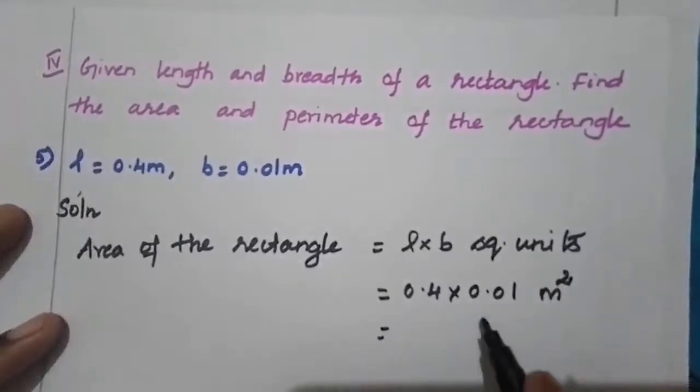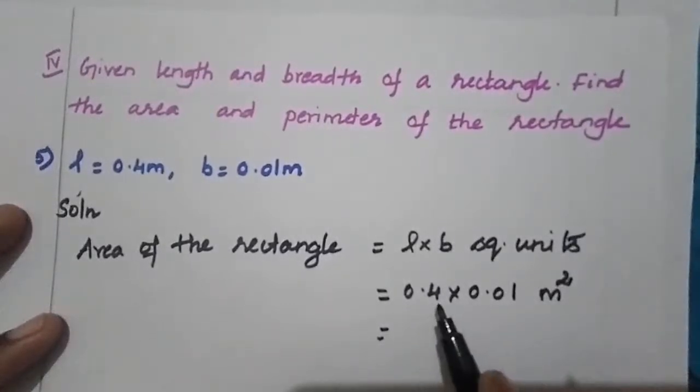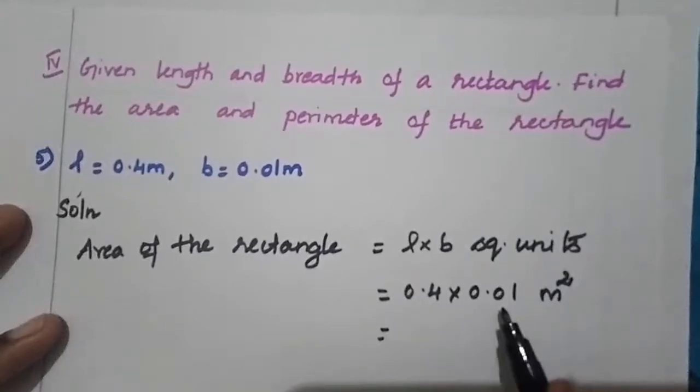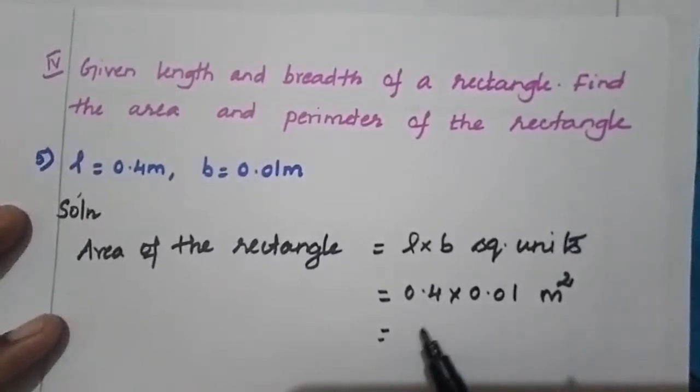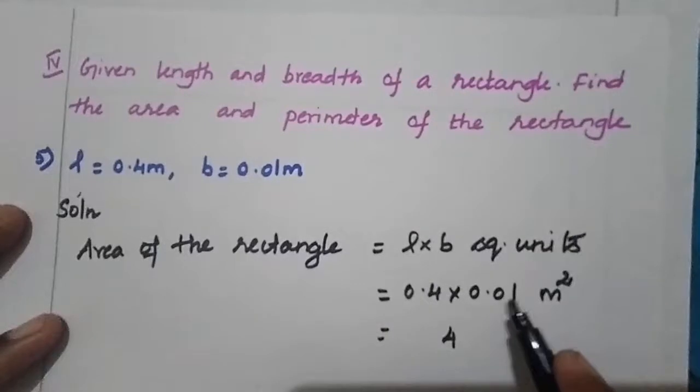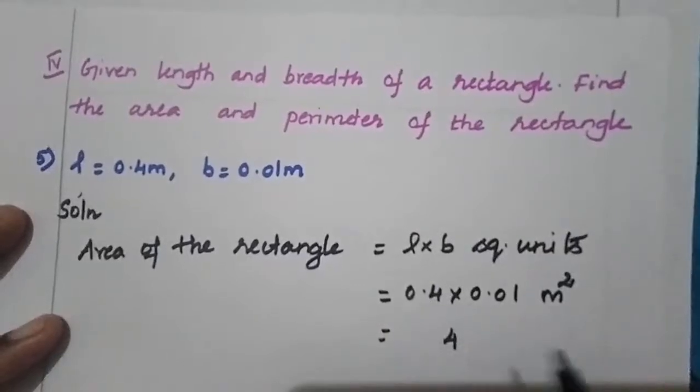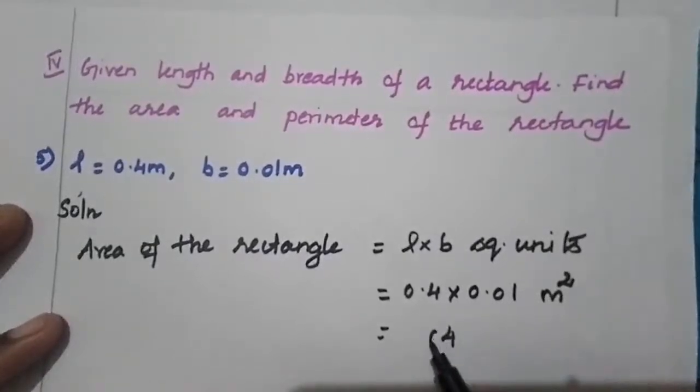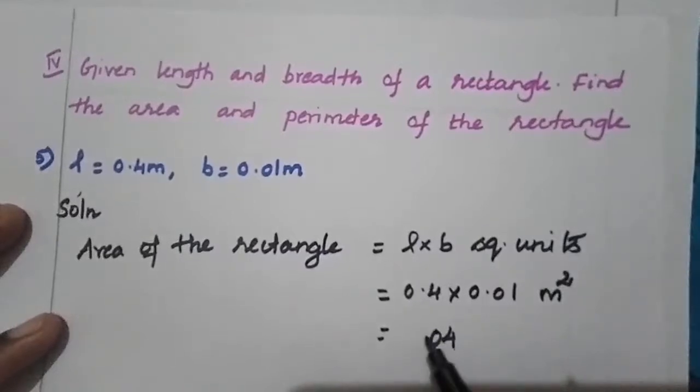So children, always remember that when we are multiplying two decimal numbers, just forget about the decimal points, multiply, and then keep the decimal points, right? So 1 four is 4. Now count the number of decimal places. 1, 2, 3. So from the right side, after the third digit, you have to keep the decimal point. So 4, only one number is there, so you have to add two more zeros to the front of this one.